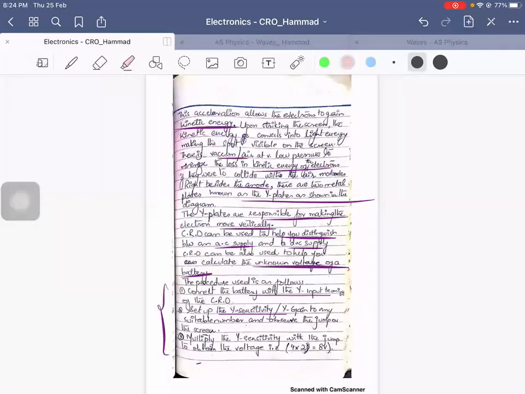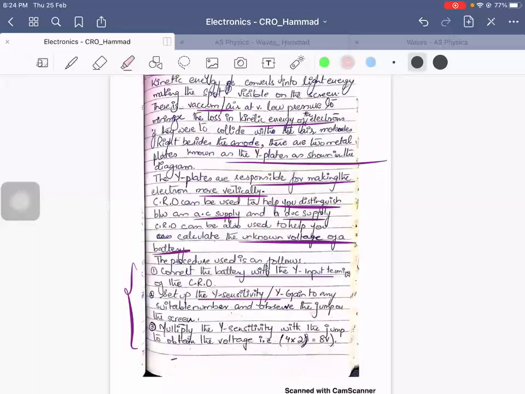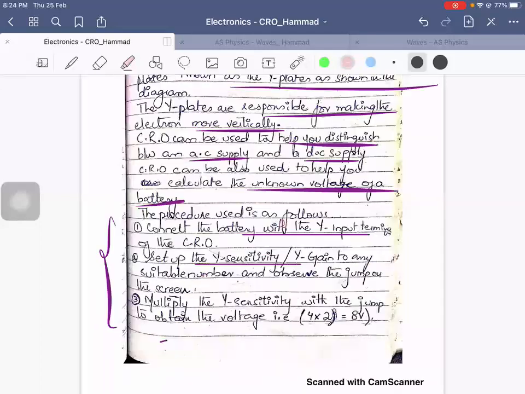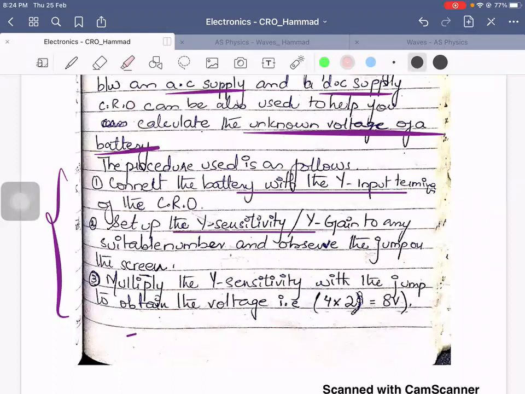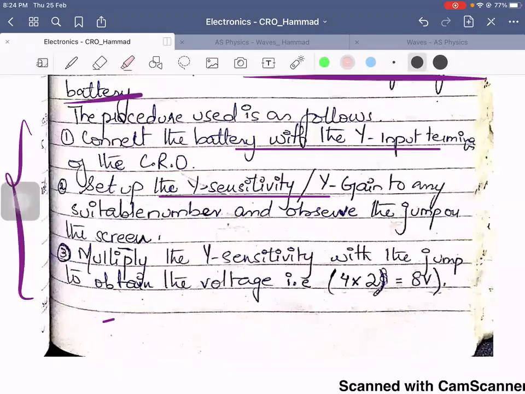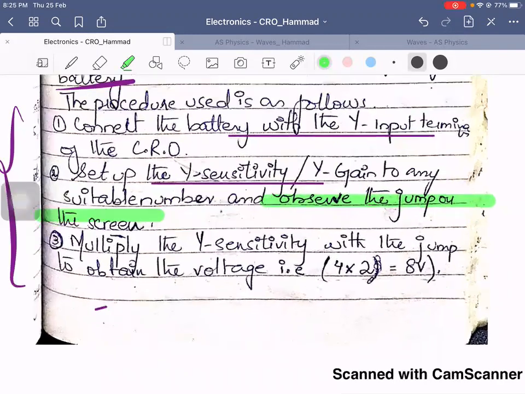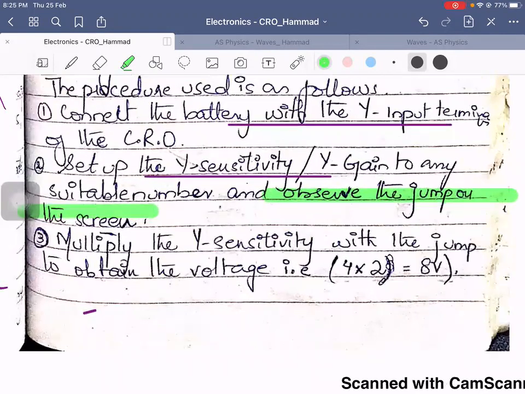So you will simply set up the Y sensitivity or the Y gain value to any suitable number, and you will observe the jump on the screen. And you multiply the Y sensitivity value with the jump to obtain the actual voltage value.